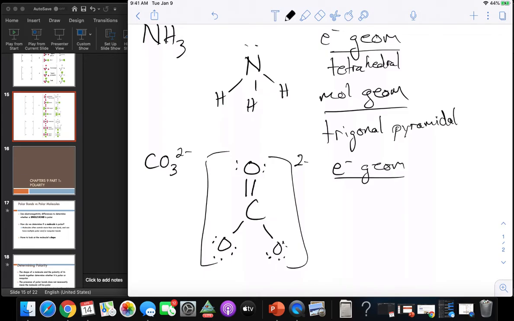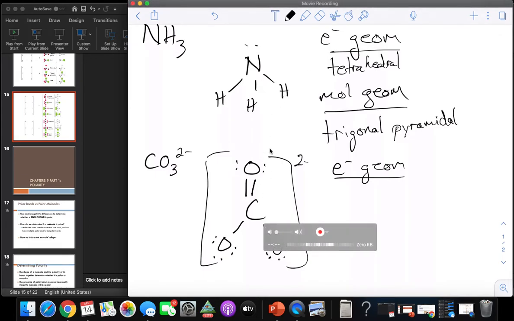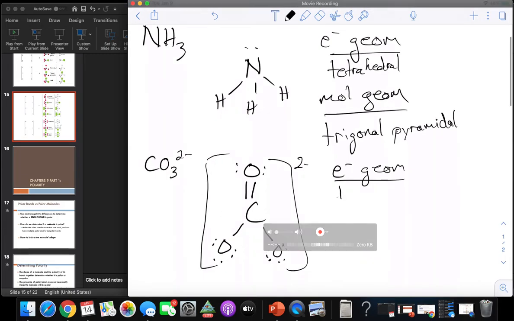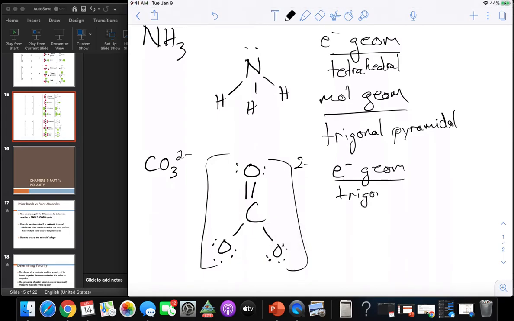So electron geometry. Again, it's about how many things are attached to the central atom. In this case, there are 1, 2, 3 bound atoms and no lone pairs. So even though there are 4 total bonds here, there are only 3 actual areas of electrons spreading out around the carbon. So there are 3 bound atoms, and that's what we're counting here. 3 things around the central atom means our electron geometry is going to be trigonal planar.